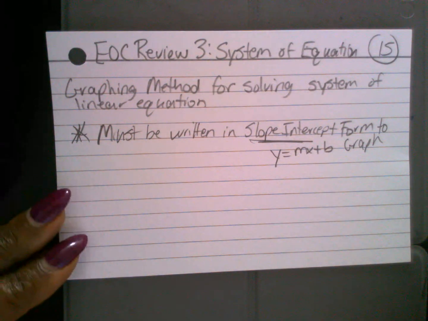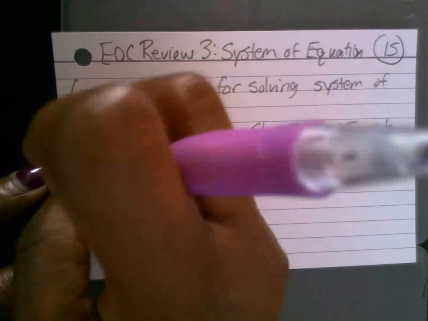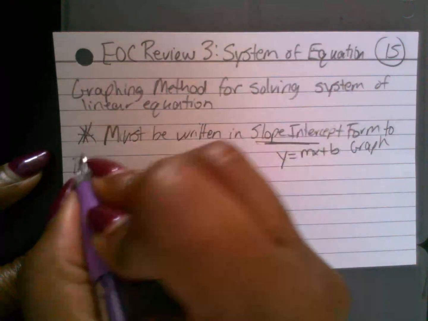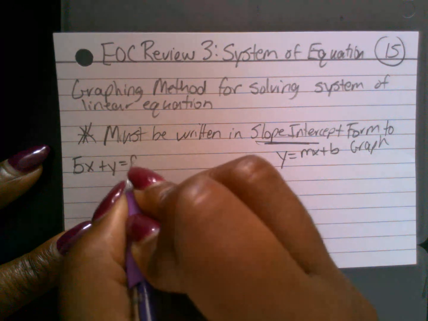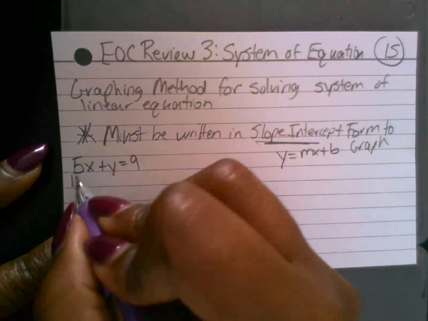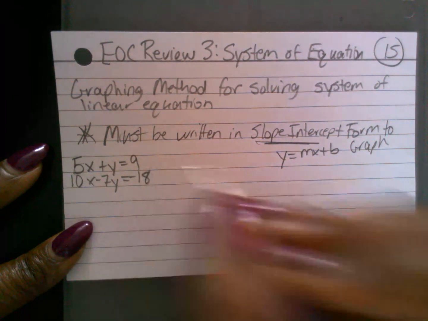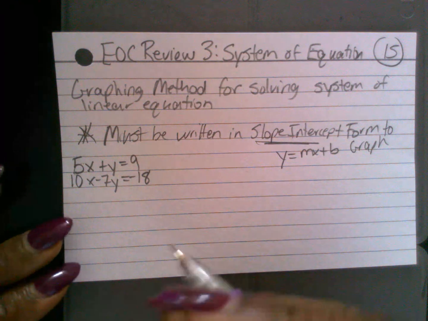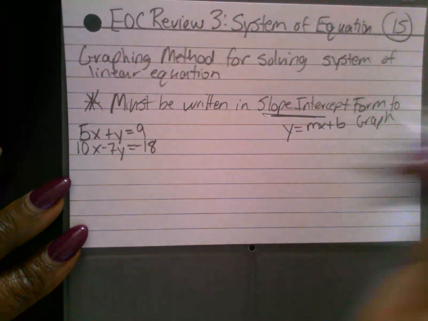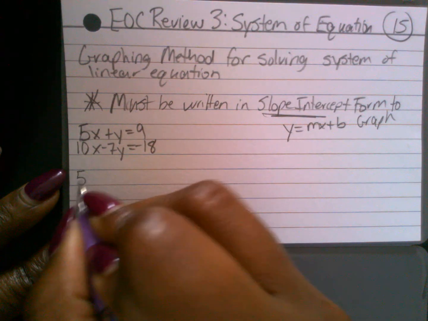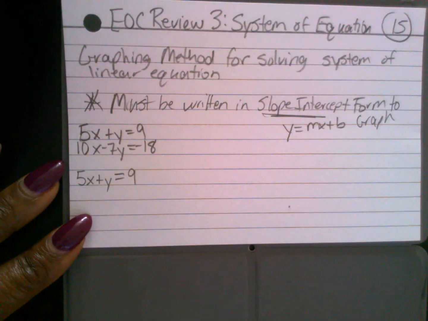Let's suppose I wanted to solve by using the graphing method, and you have 5x plus y is equal to 9, and the other equation, 10x minus 7y is equal to negative 18. Both equations must be written in slope-intercept form. I'm going to rewrite the first equation, 5x plus y equals 9.